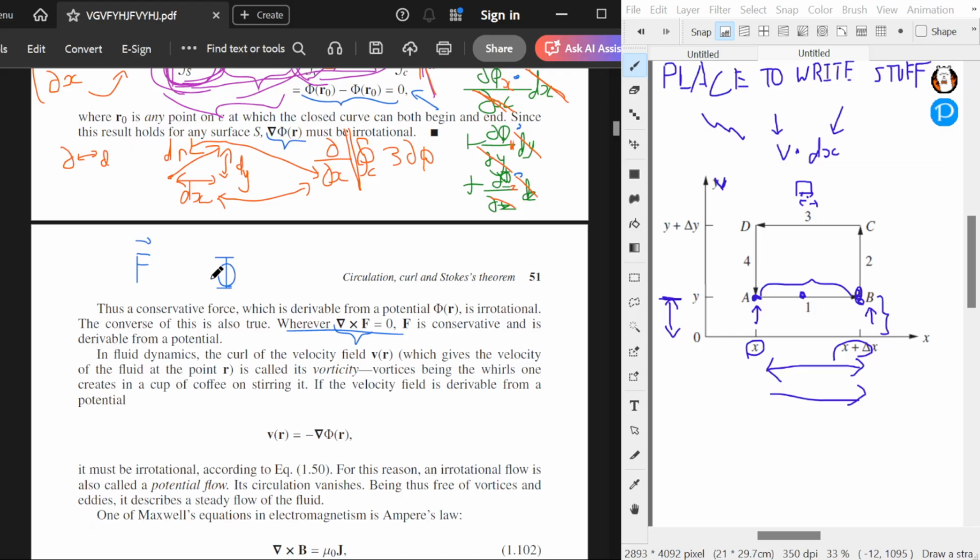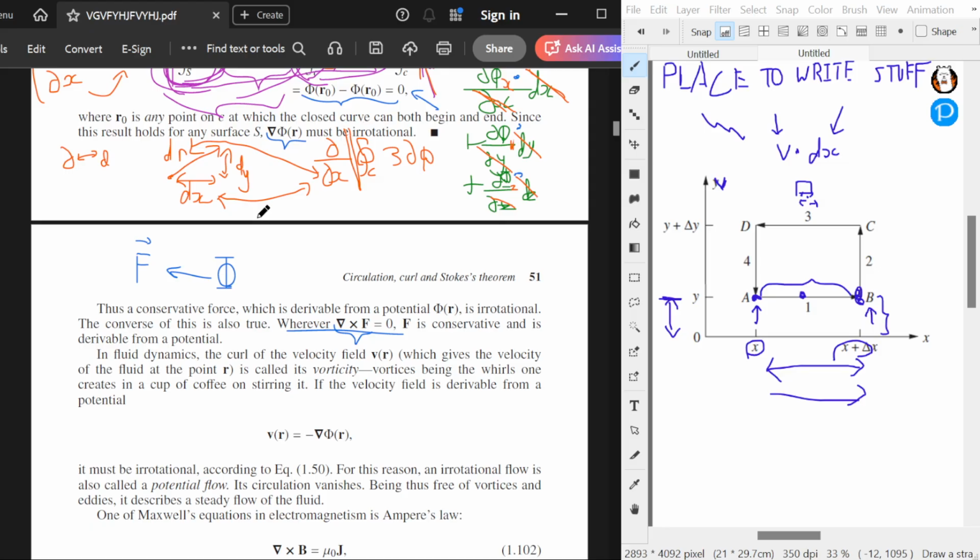So you can get a conservative force from a potential, or derivable, which is derivable is irrotational. So if you have some kind of potential field, you make a force out of it, like doing gradient shenanigans.